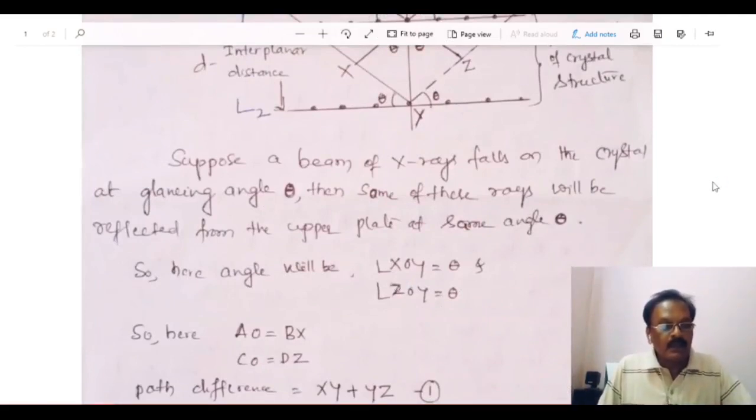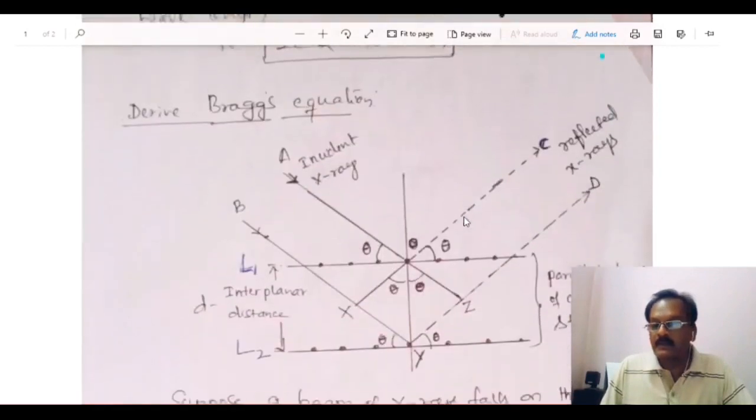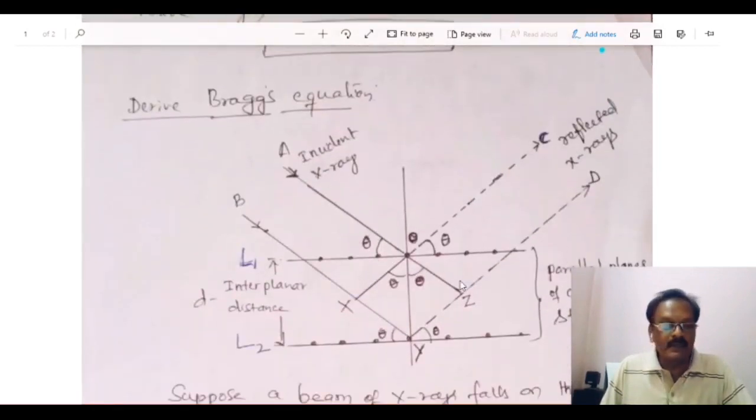As compared to the ray AO, a ray like BY has to travel a longer distance equal to XYZ in order to emerge out of the crystal, where OX and OZ are perpendiculars drawn on the lines BY and YD respectively.